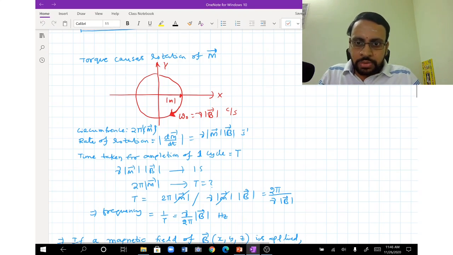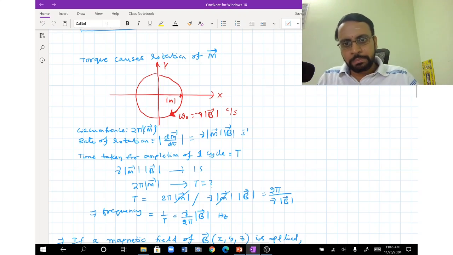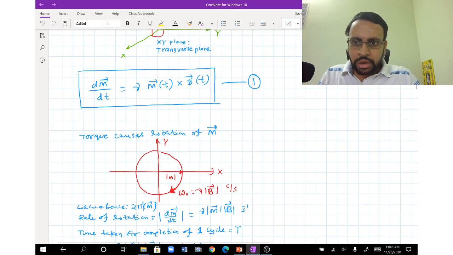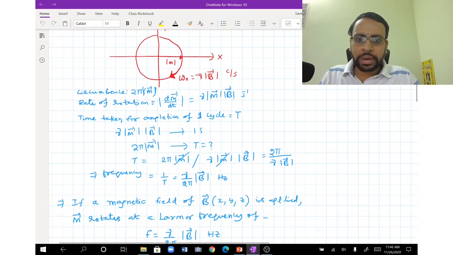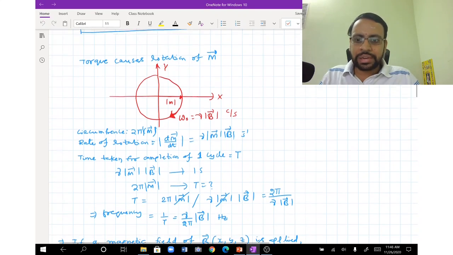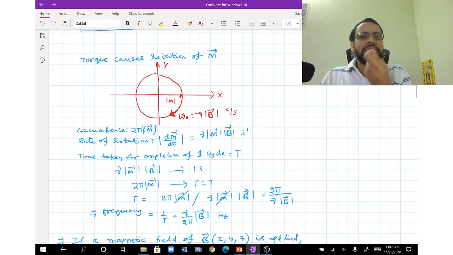Now that means for making one rotation, its circumference is 2 pi times the magnitude of M, and from here you know the rate at which it is rotating, which is dM bar by dt. Now what you would like to compute here is how much time it takes to complete one rotation.